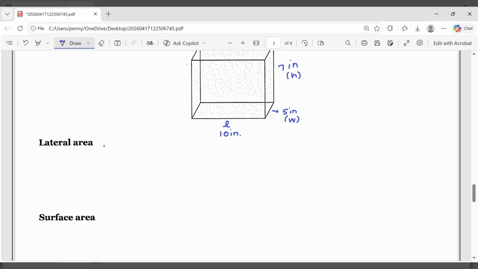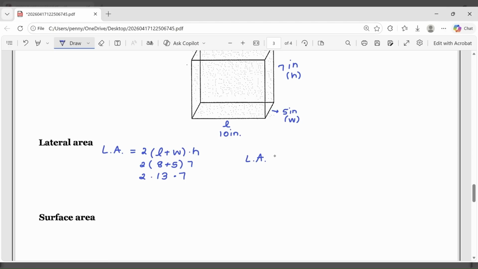So lateral area is 2 times the quantity length plus width times height. So we have 2 times 8 plus 5 times a height of 7. So 2 times 13 times 7.